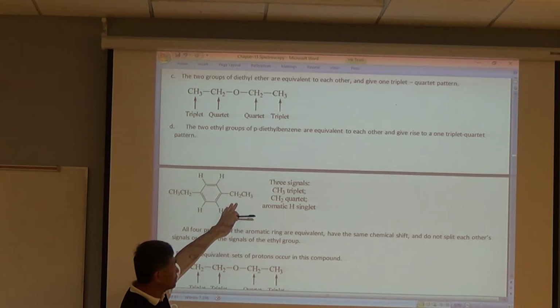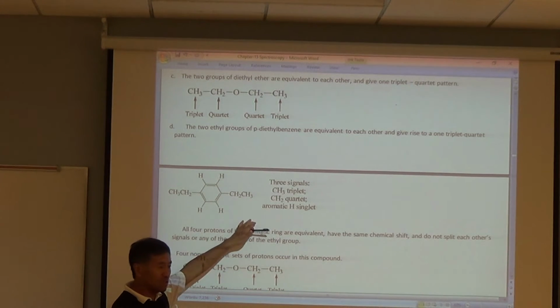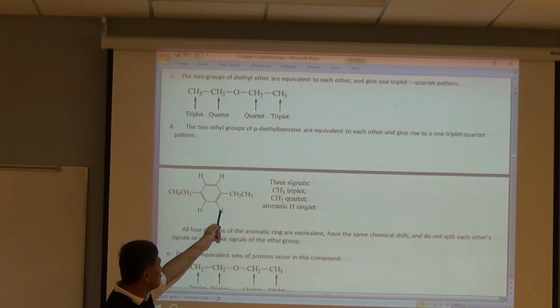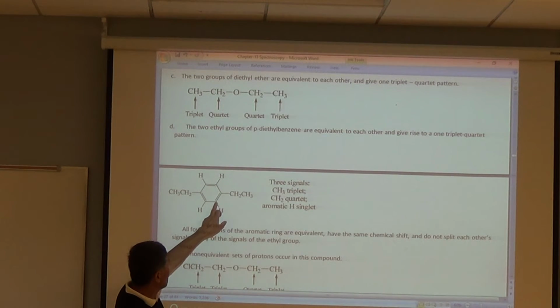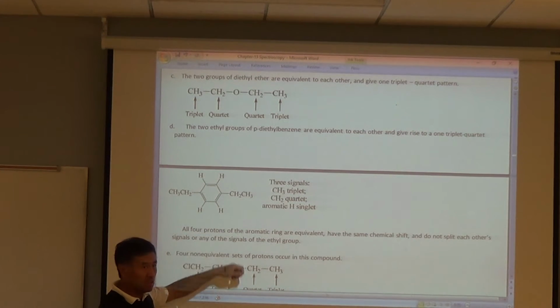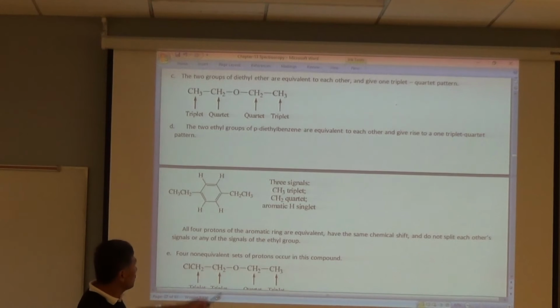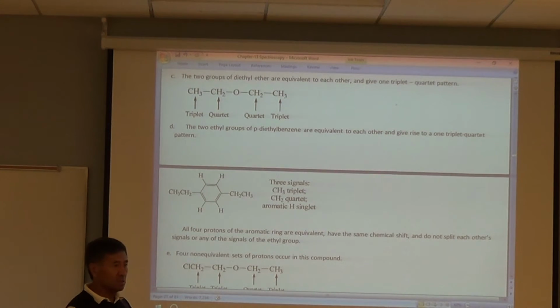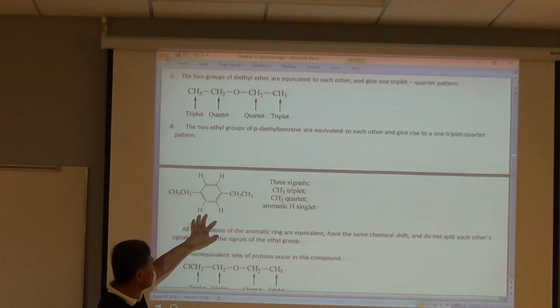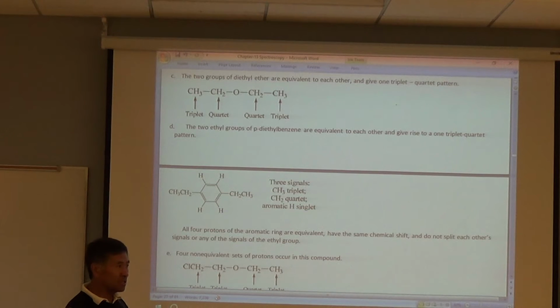You can see this atom still keeps that triplet quartet pattern, not really influenced by this H. On this carbon, you don't have any H. And you can see the aromatic H, all the 4 H are synchronized. There's no splitting. Symmetrical, all the 4 aromatic H are the same.